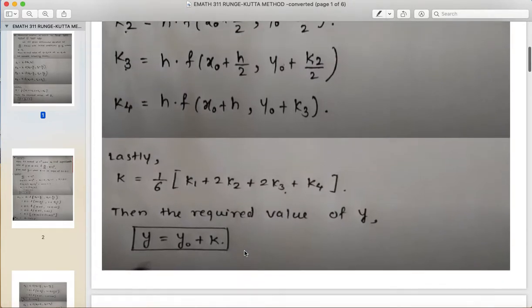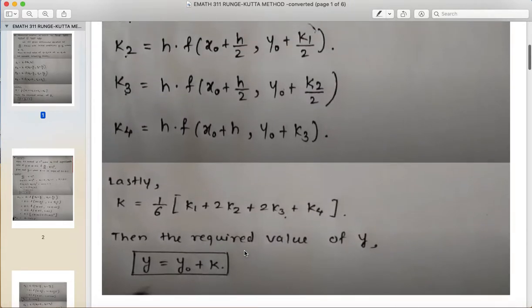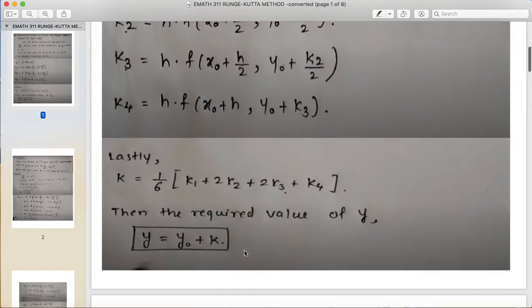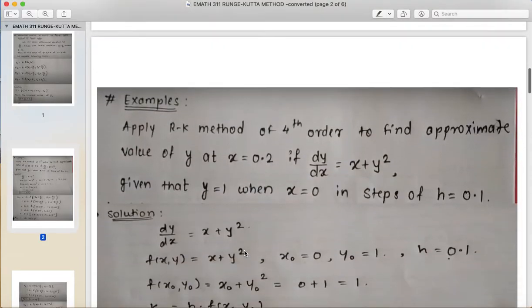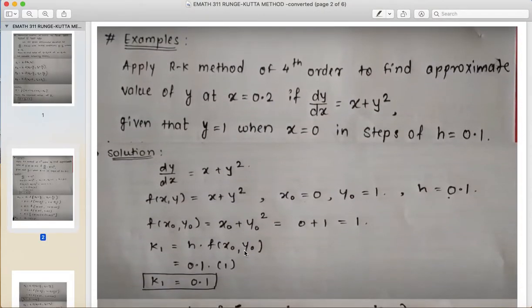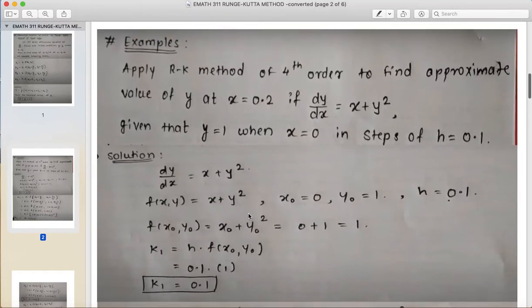Right now we need to solve an example using the formulas that we had. Alright, so moving on to the examples. I will read it aloud to you.